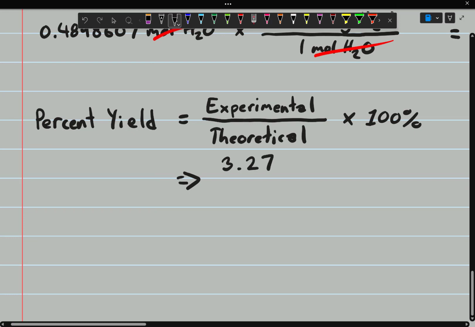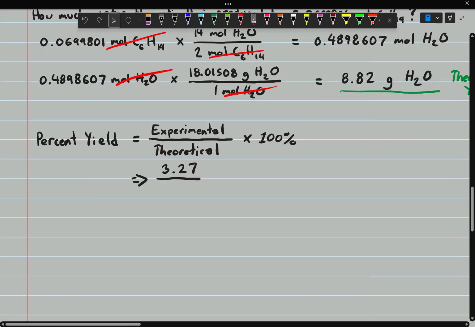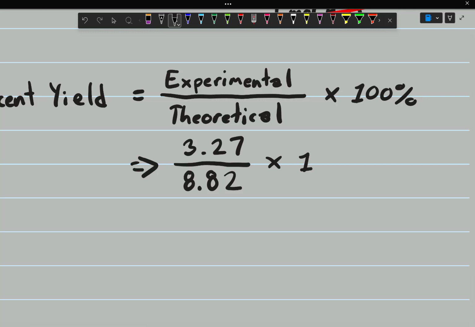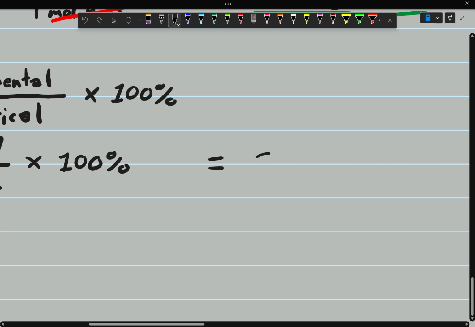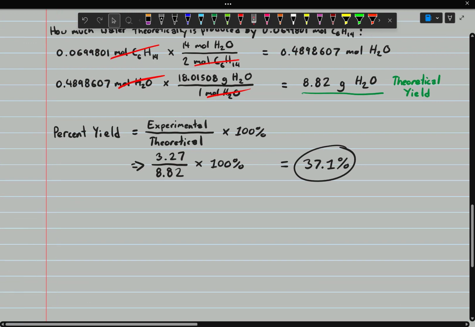So 3.27 grams of water divided by the theoretical, which we just calculated to be 8.82, multiplied by 100%, will give us our percentage of 37.1%. And this is our percent yield. And this is the answer to this ALEKS problem.